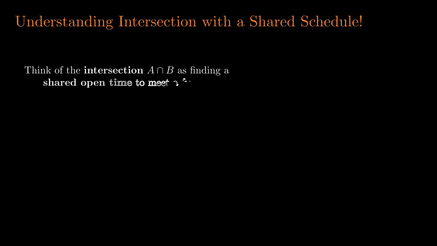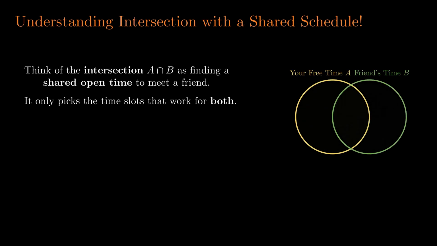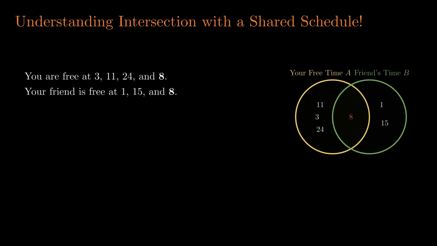To understand an intersection, let's imagine finding a time to hang out with a friend. Set A is the hours you are free, and set B is the hours your friend is free. The intersection is the specific time you can actually meet. If you are free at 3, 8, 11, and 24, and your friend is free at 1, 8, and 15, you cannot meet at 3 or 1.